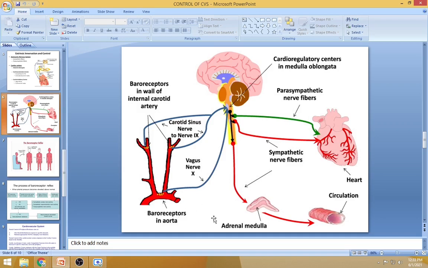So they do so by regulating the cardiovascular system, because the cardiovascular system also drives the concentration of oxygen. It is actually the heart that is driving the oxygenation of the blood, which eventually changes the concentration of oxygen in the blood.